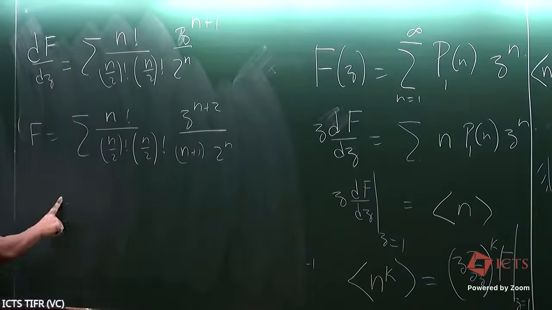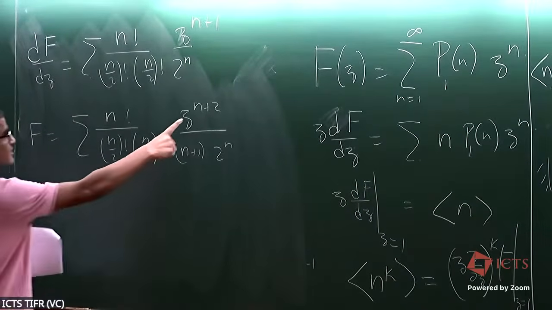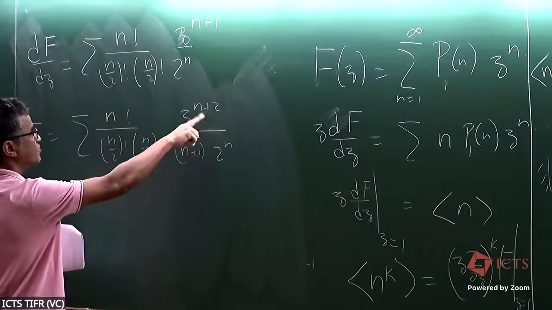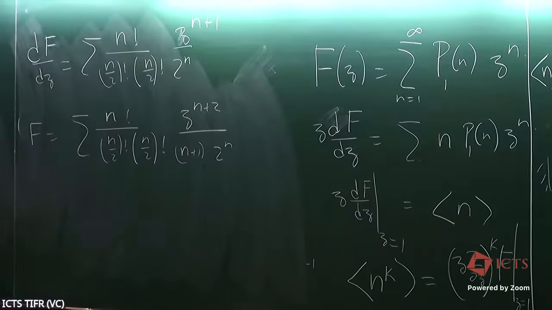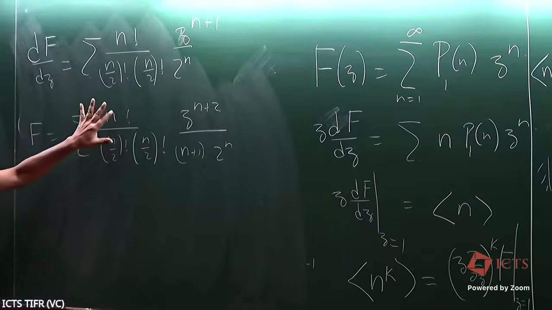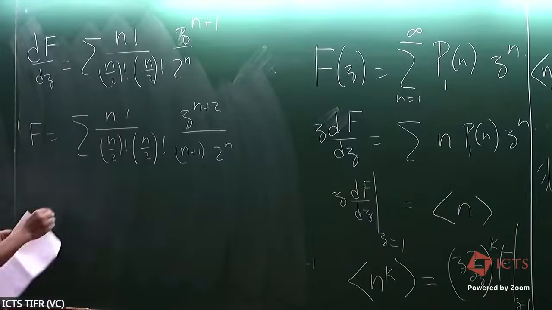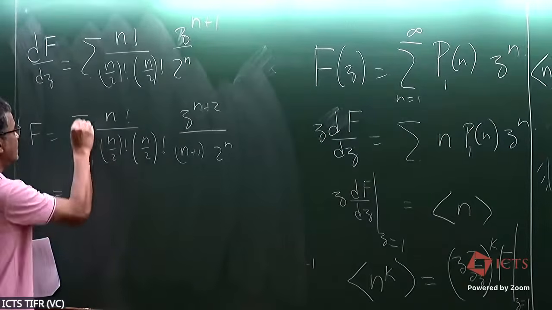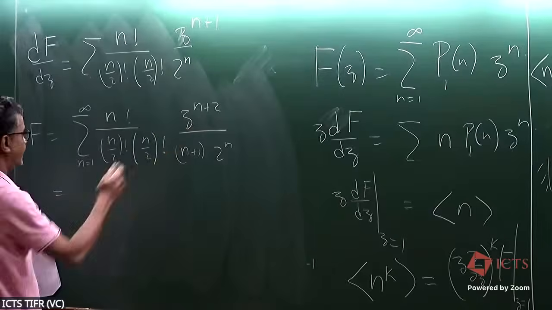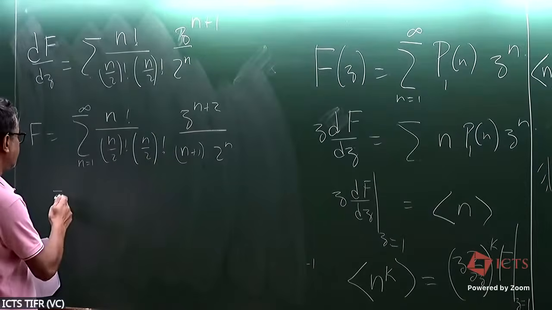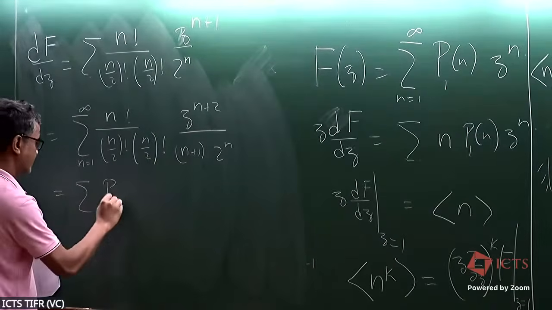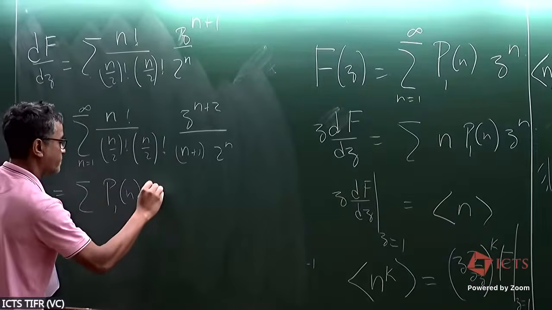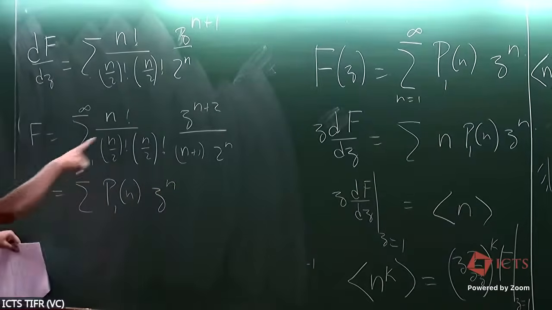Now I can just replace n plus 2 by n, bring it back, rewrite the series, and then immediately I can read off the prefactor, right? I can just shift n and compare the two series.